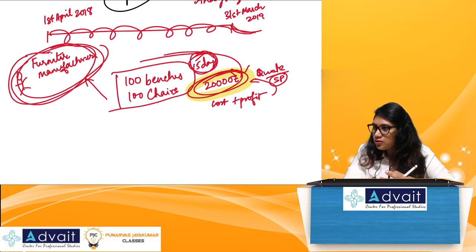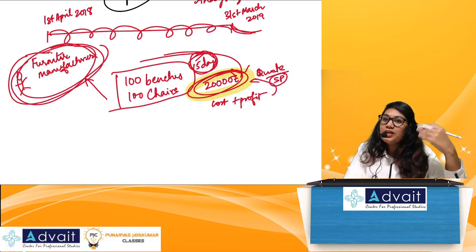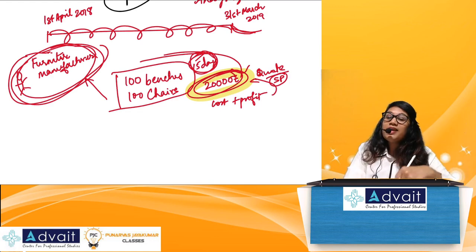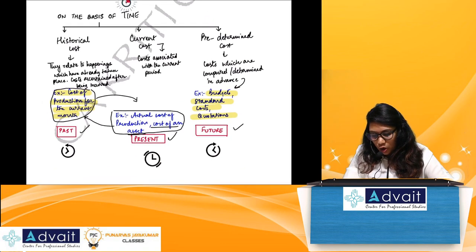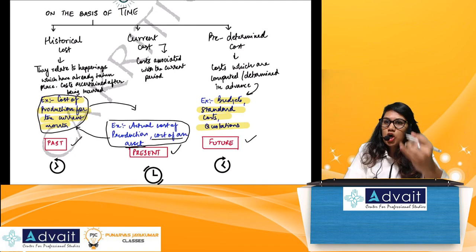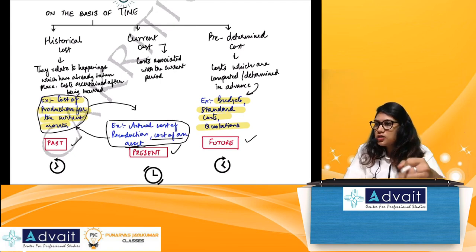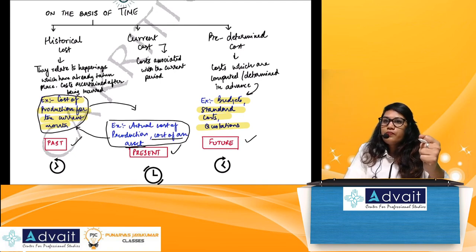That's a quotation. So that is a predetermined cost. Before the event has happened, I have determined my cost. What is the event in this case? Production. Yes or no? So that is my predetermined cost. So on the basis of time, historical cost, current cost, predetermined cost.